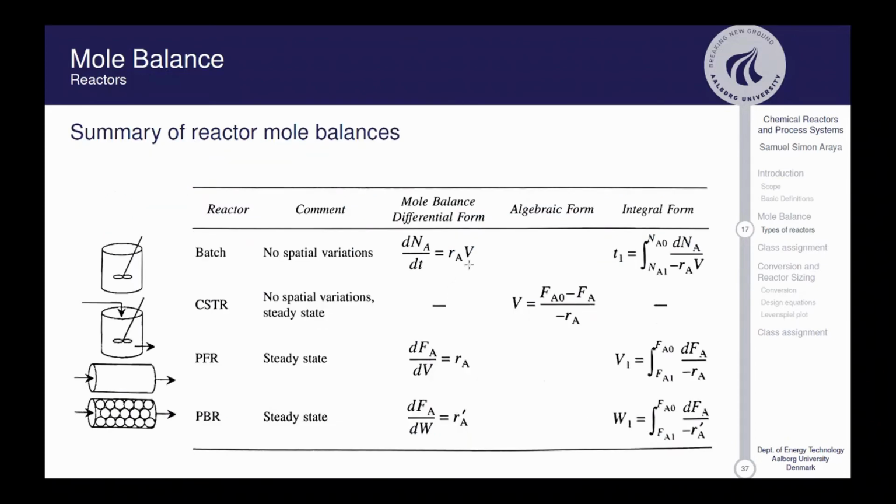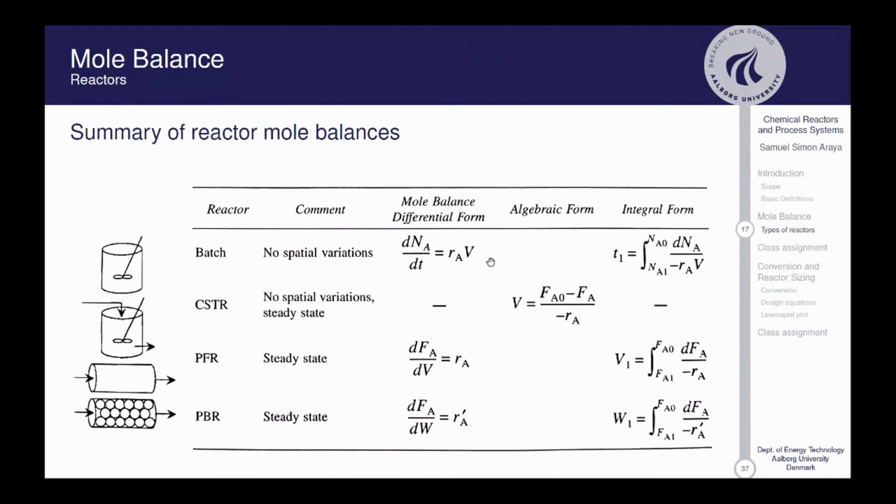So in summary, we can say that we have a batch reactor where we have no spatial variations, the same with the CSTR, no spatial variations, but in batch we have things that are unsteady, so things change with time, and our design parameter is usually the time that it takes for a reaction to happen.